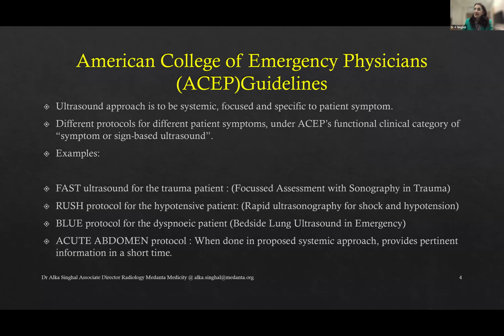So basically, it is detailed, it's comprehensive, it's horizontal and wide, and it is targeted and vertical, like deep down, focused as well. So different protocols for different patient symptoms under ACEP clinical guidelines have been proposed.